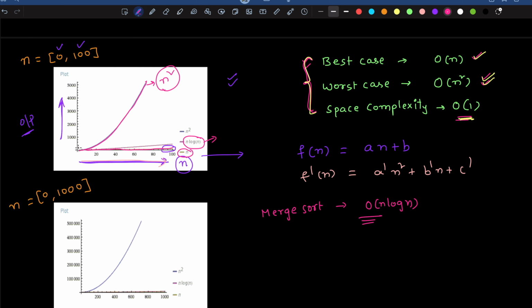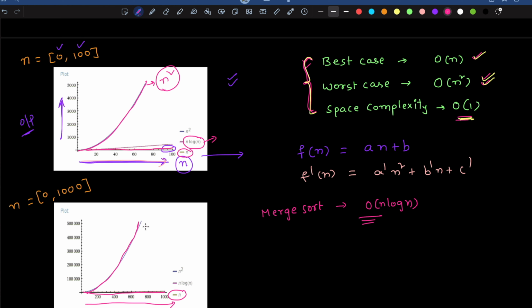That is what you can clearly notice from this example. Imagine if the values of n range from 1 to 1000. In this case, this line is a straight line. You are going to get the same line as here. It increases linearly, right? The line n increases steadily, but the curve n square increases drastically.